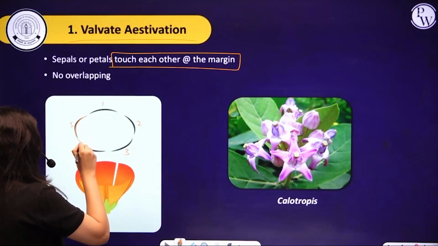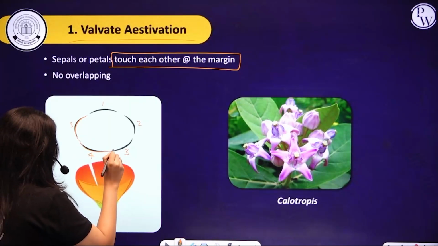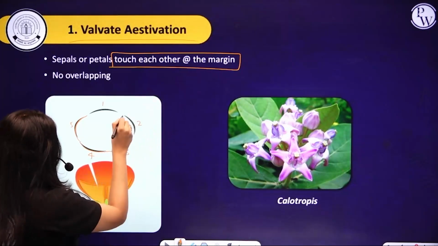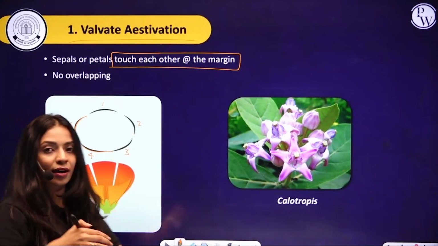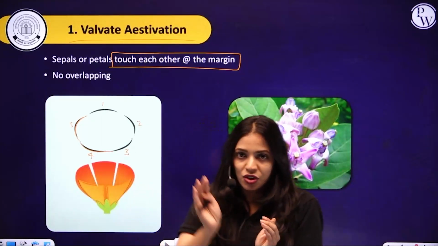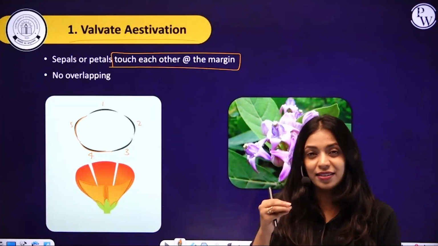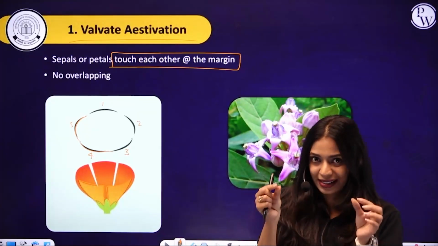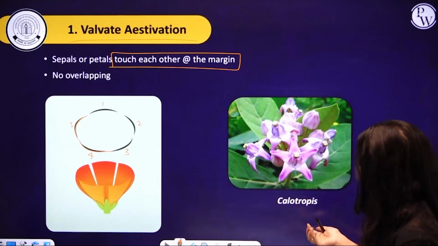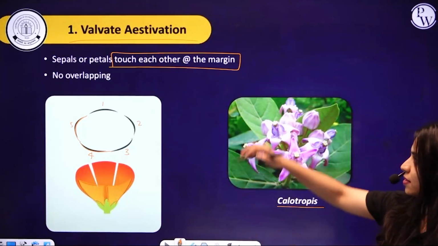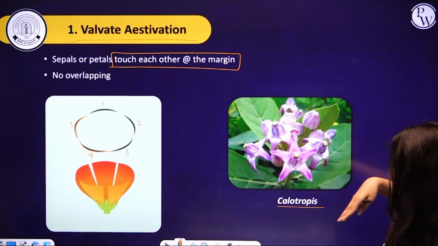They touch each other at the margin. This is the margin that we're talking about. Okay, so they're arranged just next to each other and they're touching each other at the margin, at the ends, at the tips. Okay, so this type of arrangement can be seen in Calotropis. Valvate aestivation can be seen in Calotropis.